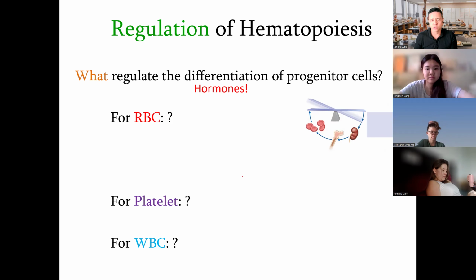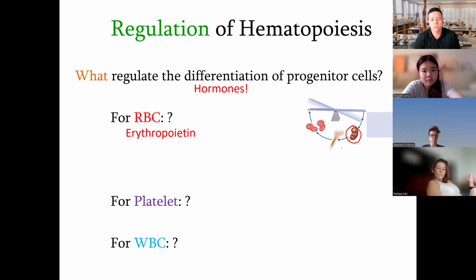For the red blood cells, we're going to have a hormone called erythropoietin. And erythropoietin is actually made by our kidneys. Right here. It's not even a major endocrine organ. But the kidneys, just like many organs in the body, do make different hormones.